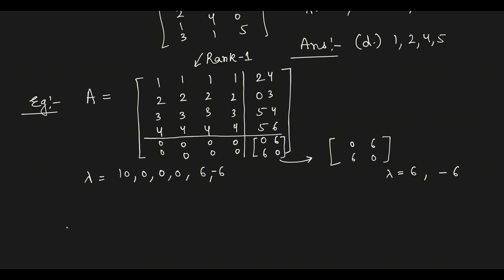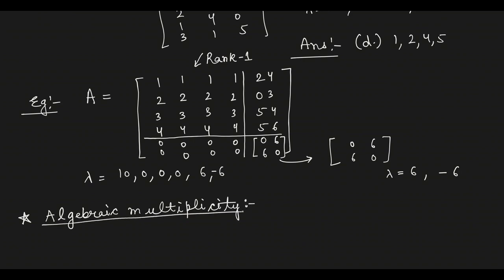Now the next concept is algebraic multiplicity. Algebraic multiplicity simply means the multiplicity of lambda.